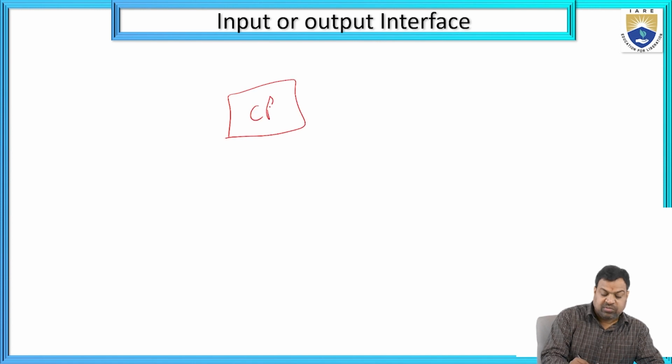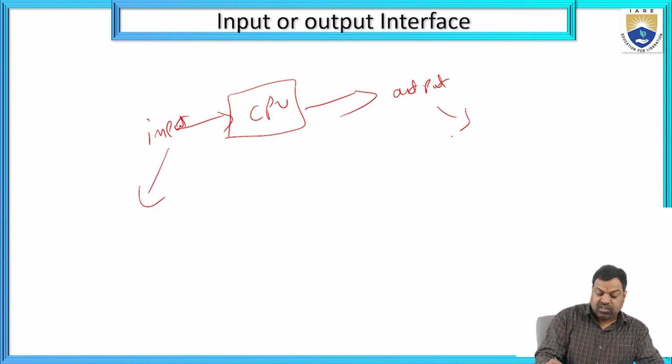Suppose we are taking any CPU, definitely we have to connect input and output for this one. So what are the inputs and outputs we are connecting? Those we are calling peripherals.